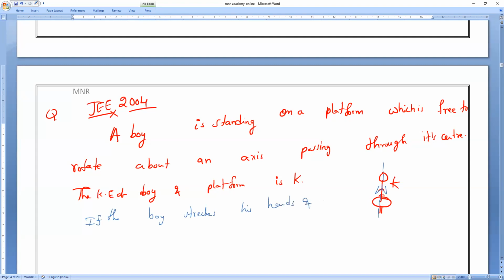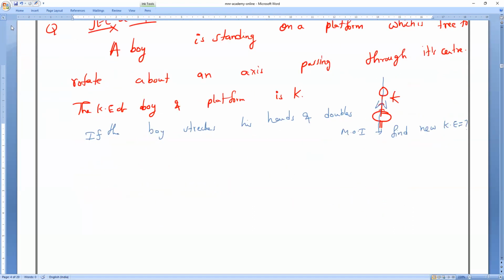And doubles his moment of inertia, find the new kinetic energy. Find what, everybody? New kinetic energy. Initially he is folding the hands, in the second case he is stretching, so that it doubles the moment of inertia. Means the moment of inertia becomes what, everybody? Speak loudly, guys. Doubles. Okay. About the same axis of rotation.